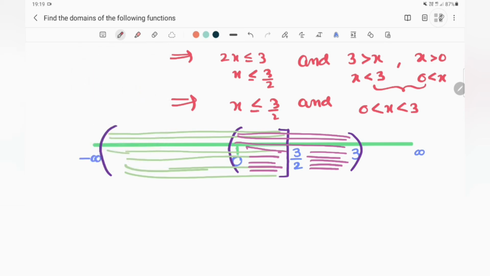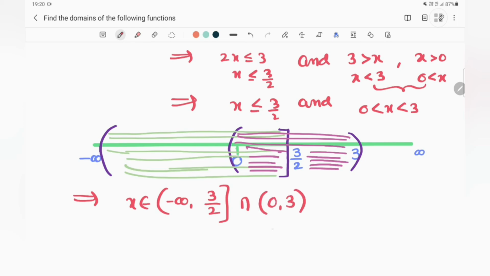Therefore from this x is less than or equal to 3 by 2 means x belongs to open interval of minus infinity to closed 3 by 2, and intersection, you remember, 0 is less than x is less than 3 means open interval of 0 comma 3.